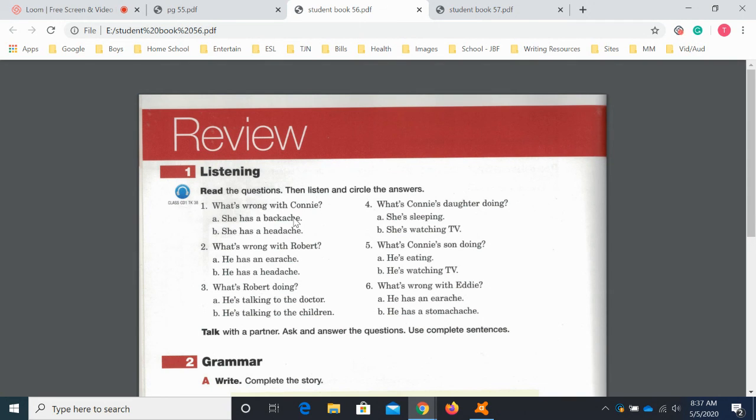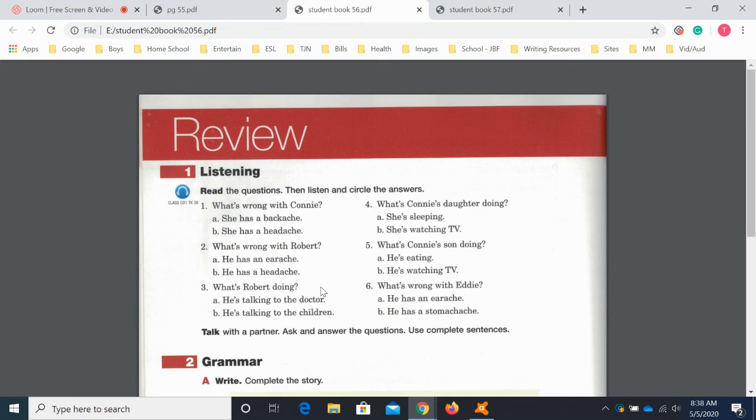So we are in Unit 4, and we are on page 56. Let's go ahead and listen to the exercise. Okay, so it says Class CD track 38. So you should have your CD and you should be able to listen to the track, but that's okay. You can listen to me instead.